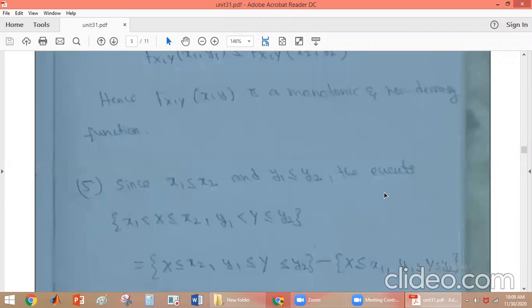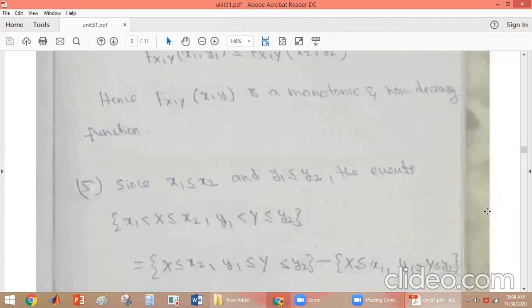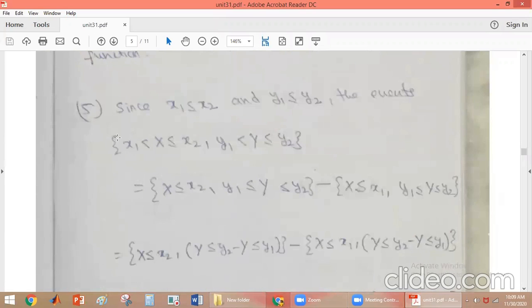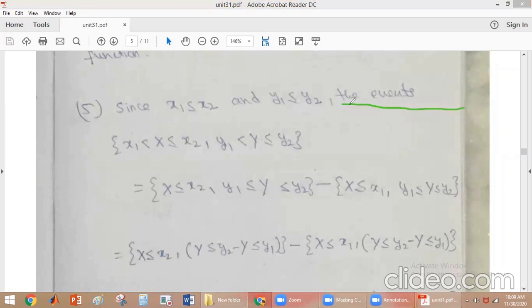The fifth property says that since x1 is less than x2 and y1 is less than or equal to y2, we consider x1 less than x less than or equal to x2, y1 less than y less than or equal to y2. What is given here? The x range is given like this: 0, x1, x2.